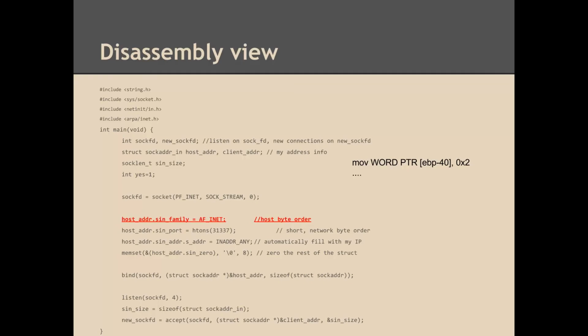So the assembly for the next line of code was simply just a move onto the stack, and this -40 is calculated by the size of the other things, and this is all leading up to the eventual call here, passing in this struct effectively.